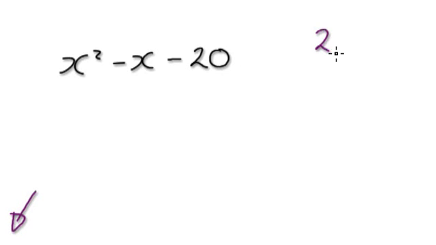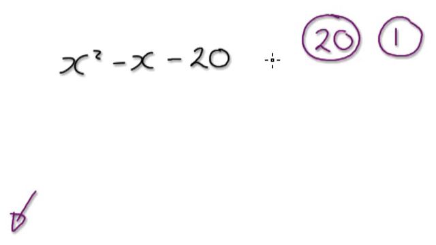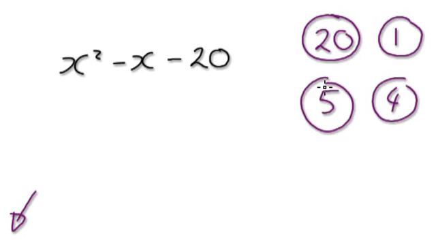Okay, here I'm probably going to use 20 and 1. No, not 20 and 1. How would I create a 20 here? Probably a 5 and a 4. Yeah, a 5 and a 4. I can create a 20 from that.